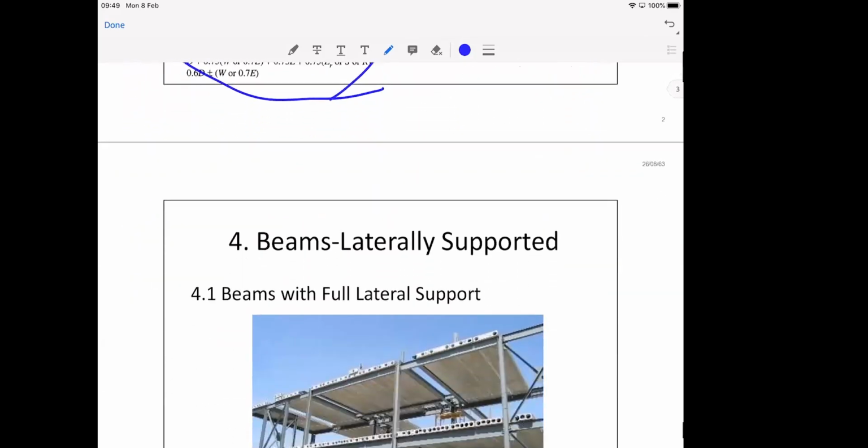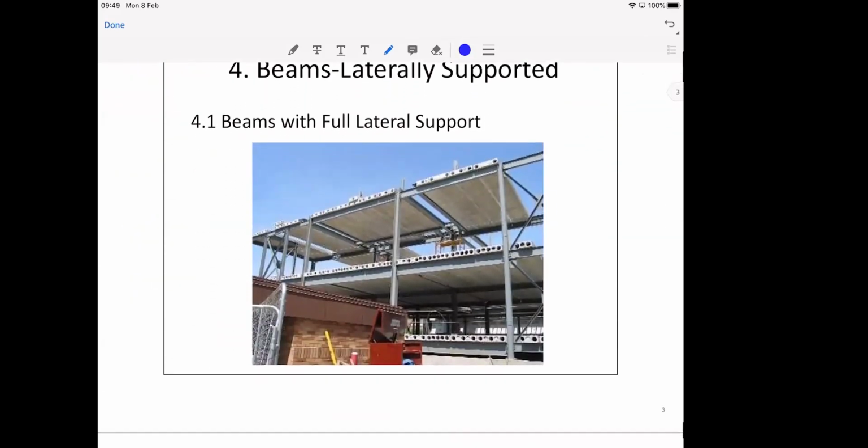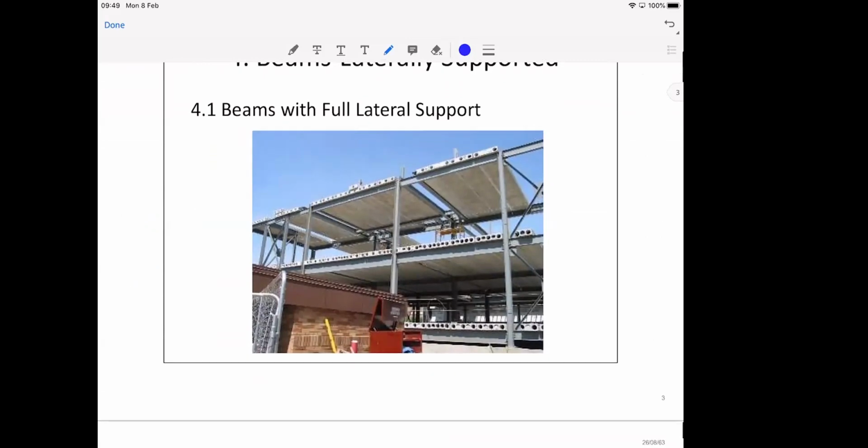Okay, so now this is the picture of the beam when it is fully braced in the lateral direction. You can see from this picture that we have the hollow core or prefabricated floor placed on top of the beam. So this particular beam is the beam that will carry the floor.